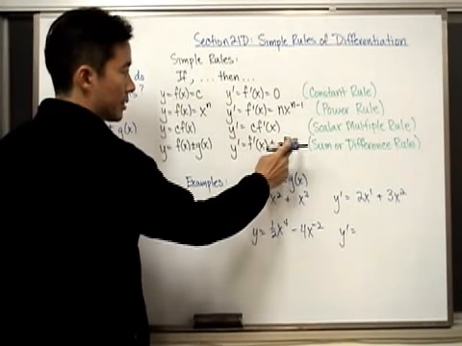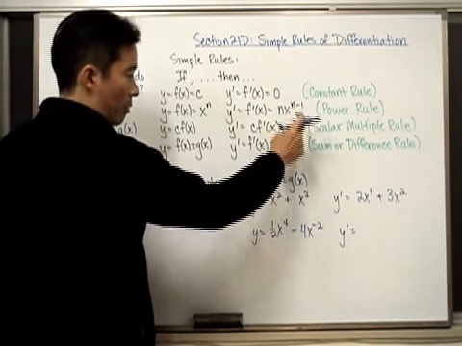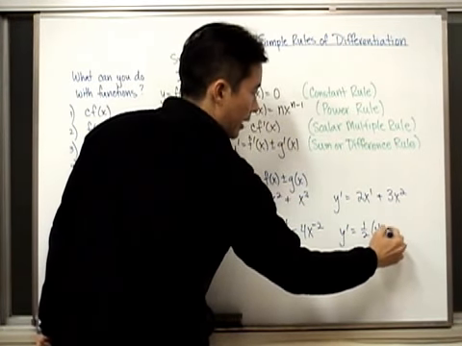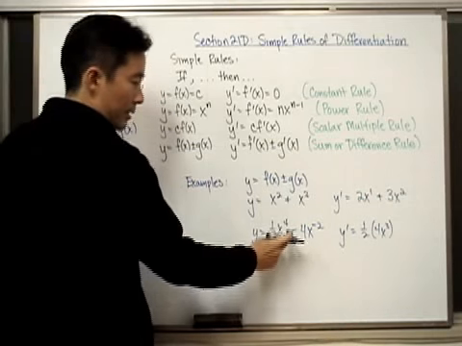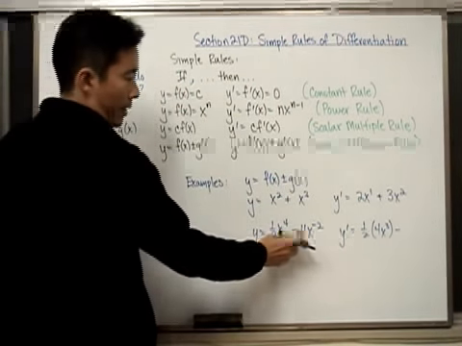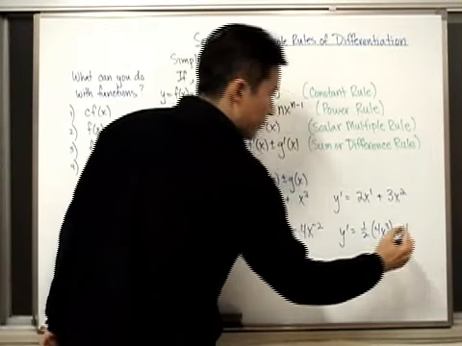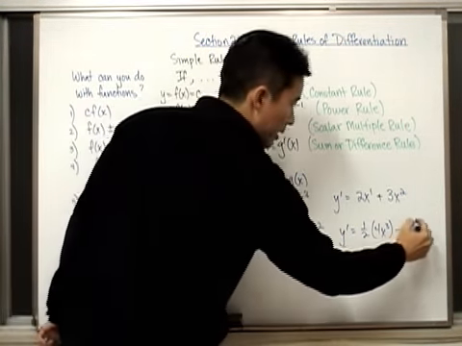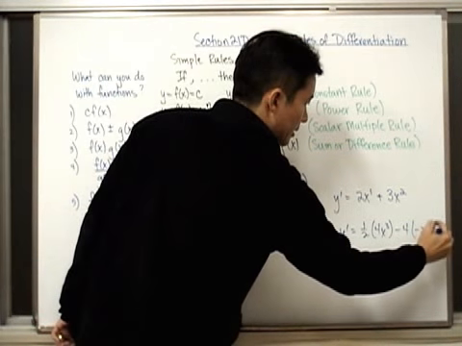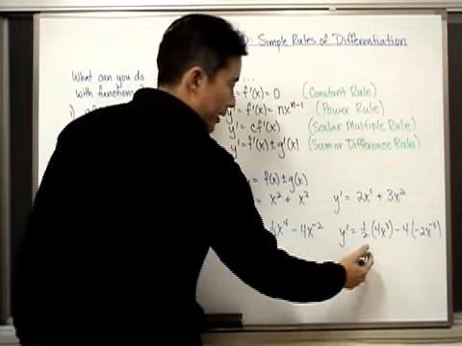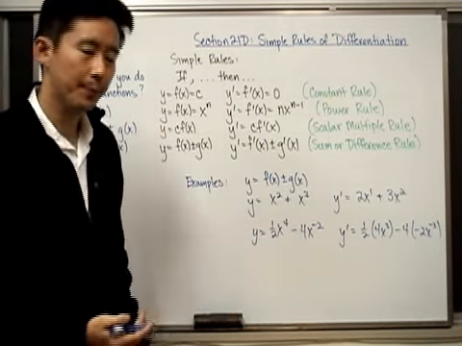That is going to be using the scalar multiple rule and the power rule. So that's going to be 1/2 times 4x to the third. The sign doesn't change, so it's minus. And then I have a minus 4, right? Because it's going to be, again, the scalar multiple rule with the power rule. That's going to be negative 2x to the negative 3. And then after that, it's just a matter of simplifying, and you can come up with your answer.